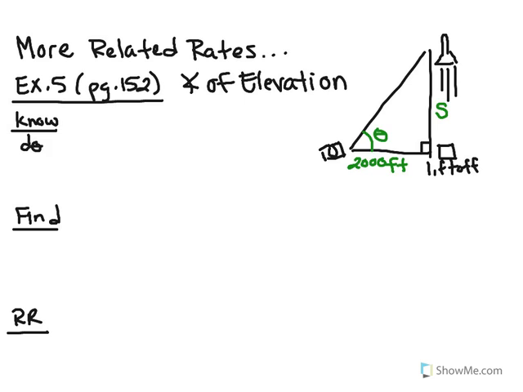I put it in the wrong spot. Hang on. Alright, so d theta dt. And it says I'm 10 seconds after liftoff. So I know that this is at 10 seconds.